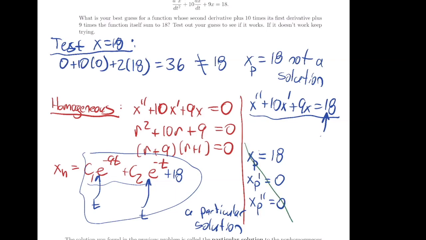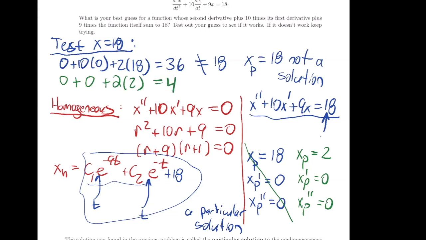This one's not going to work, but if we try 2, the derivatives, since we have a constant function, all work out, and now we would have 0 plus 0 plus 2 times 2. That gives me 4, which is not equal to 18. It's supposed to be 9. Yes, okay. Let's try 9. No, it's supposed to be 9x.